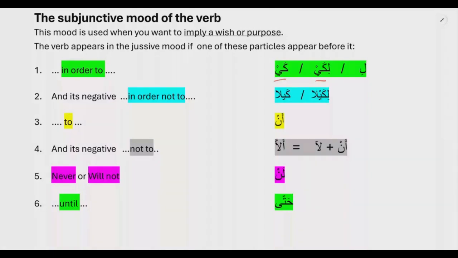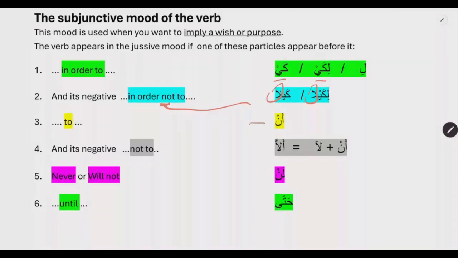So you're doing something in order to do something else. Then li ka la, we said, is the negative, right? So this la, alif at the end shows the negative, so in order not to, right? And we said the li doesn't have an equivalent of li la, so you have to use one of these two to express the negative in order not to.